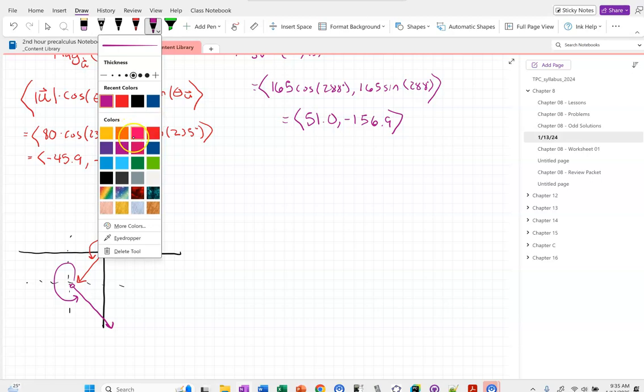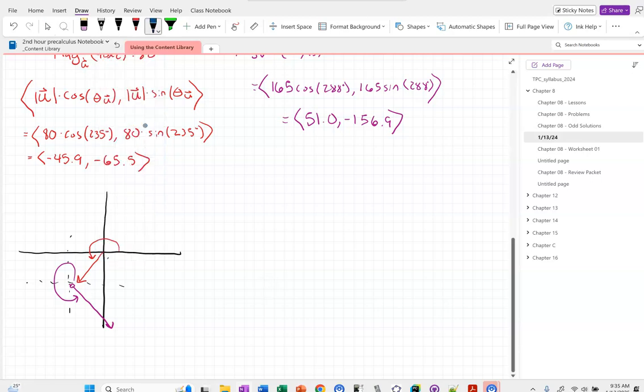What we're being asked for then at the end is about this vector. We'll call that guy vector R. R for resultant.